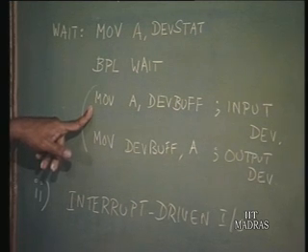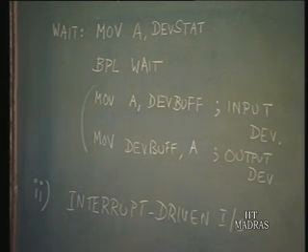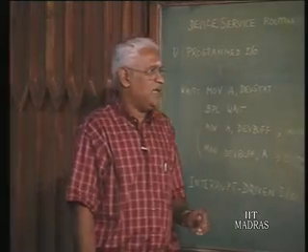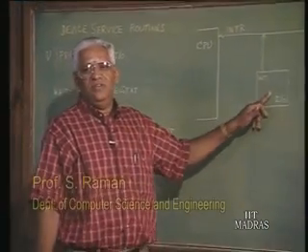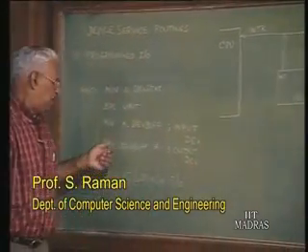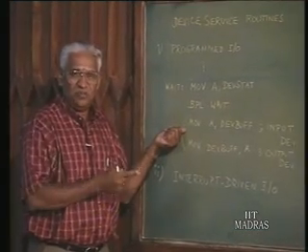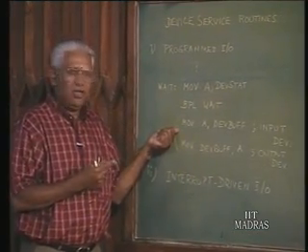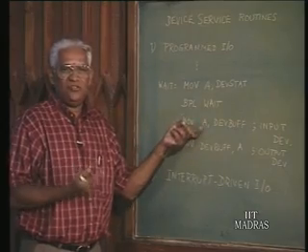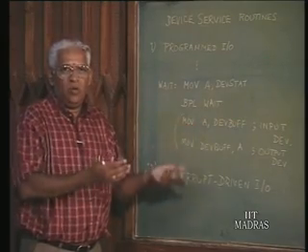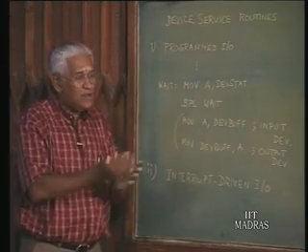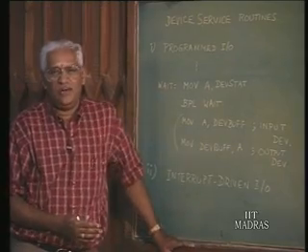Agreed? Suppose 10 bytes have to be transferred as part of the interrupt service, then 10 times the CPU must carry out the data transfer, assuming only 1 byte is transferred at a time. So, the counting part and all those things are there. So, that will also become part of the interrupt service.